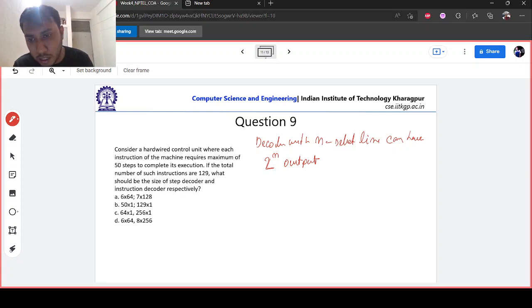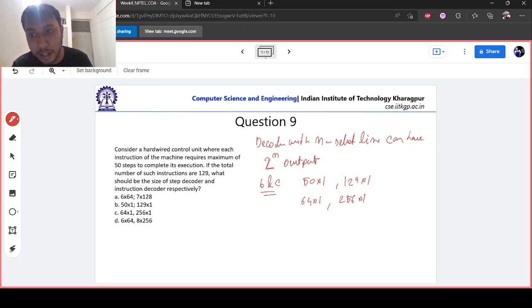Now if you look at options B and C, it is given 50 cross 1, 129 cross 1, 64 cross 1, 256 cross 1.